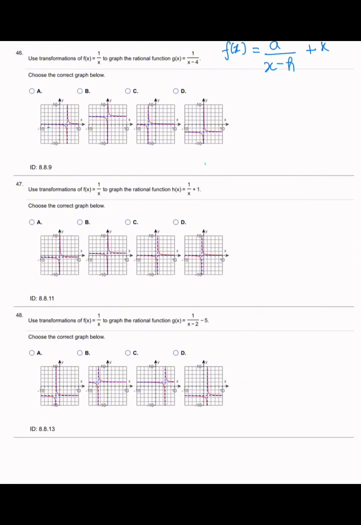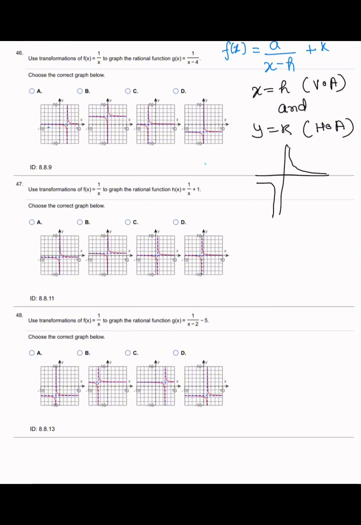So x equals h is your vertical asymptote, and the k here, the number that we add from outside, gives y equals k, your horizontal asymptote. So the horizontal line your graph will tend to approach but not actually reach or touch. So we can just quickly see how that feels. This is your horizontal asymptote.